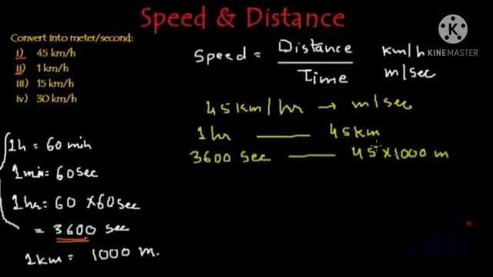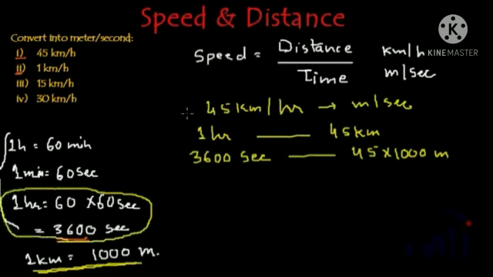Why is it 45 multiplied by 1000 meters? Because 1 kilometer is equal to 1000 meters, and 1 hour is equal to 3600 seconds. This we have derived recently: 1 hour into seconds, kilometers into meters. So the distance traveled in 1 second is equal to 45 into 1000 by 3600 meters.